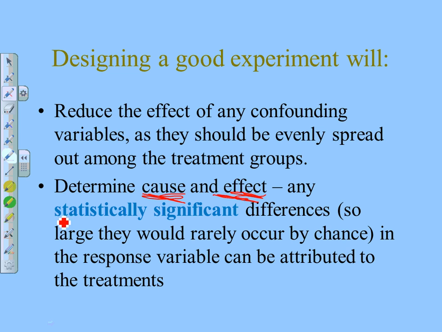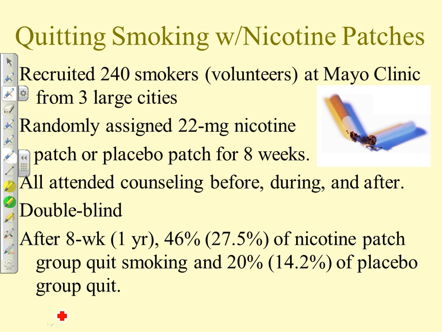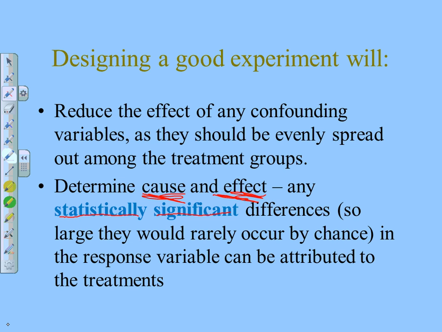And if we show statistically significant differences, so large that they would rarely occur by chance, in the response variable, then boom, we have that causation. Good experiments show cause and effect, which is what we call causation. That's what you need to know.